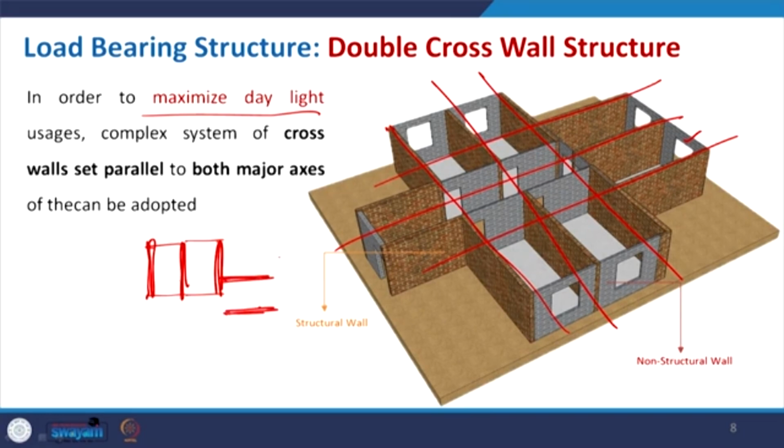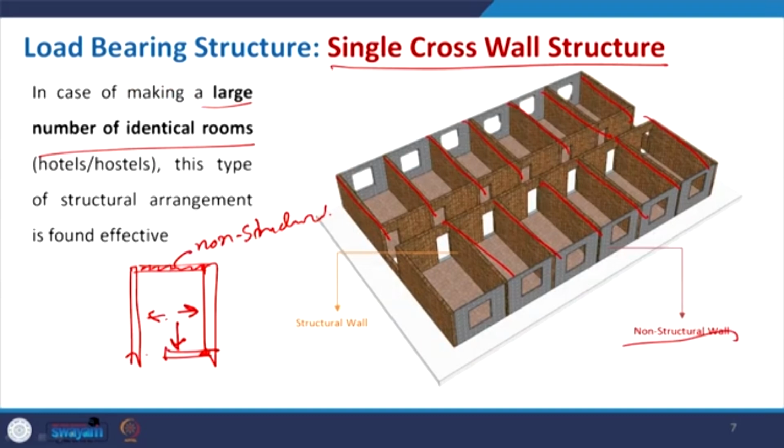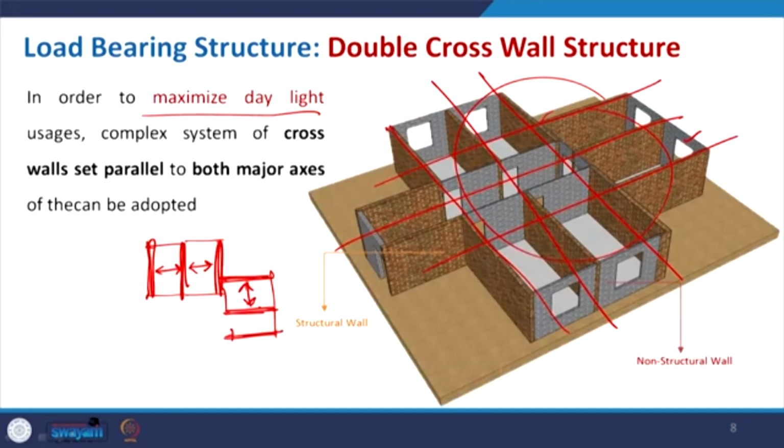If I draw this particular portion, you can understand easily. In this case load will be transferred like this, and in this other case it is in the perpendicular direction. The previous picture is all aligned with one axis. If I refer to the y axis, it is only in the y axis direction, but in this case it is both your x axis as well as y axis. So, they are placed depending on the grid and the need.